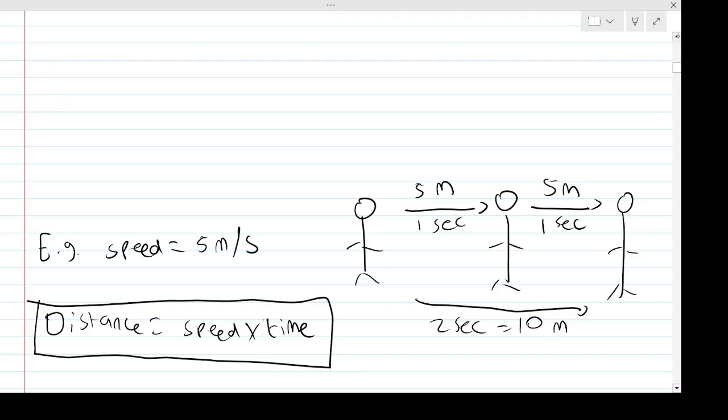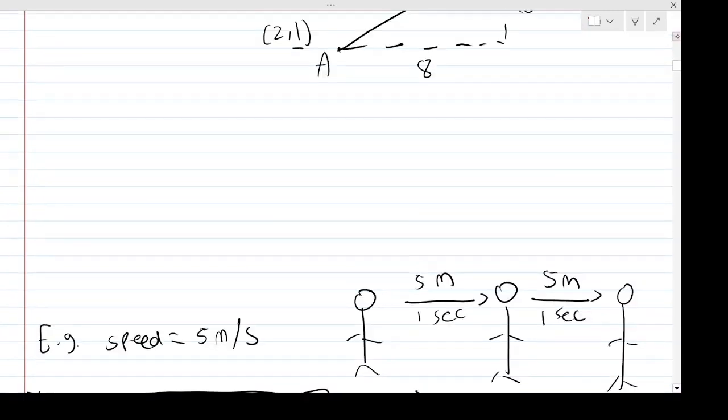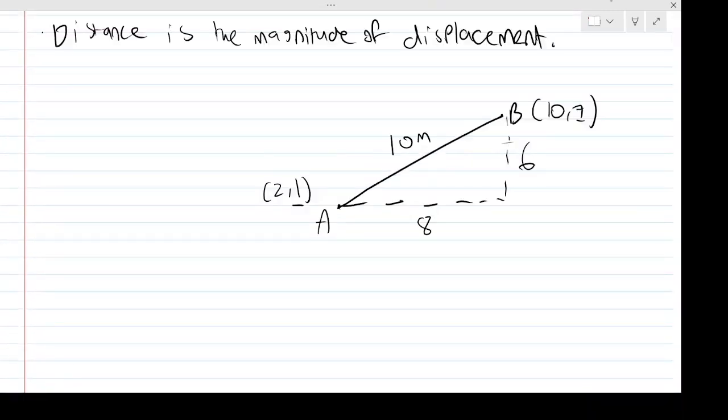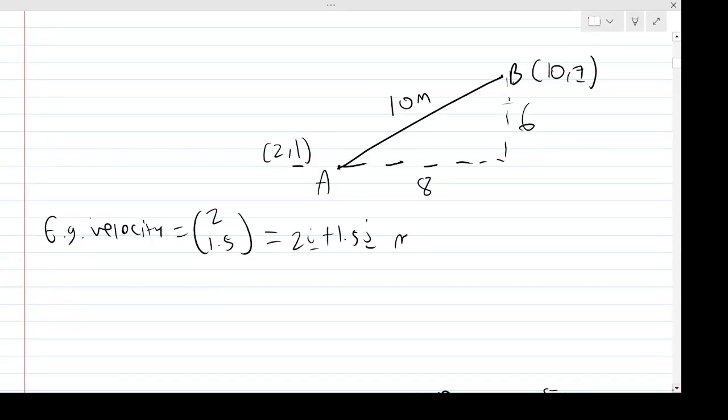Velocity is basically the same, but it's in vector form instead. So let's revisit this example where I'm moving from point A to point B. Let's say the velocity of this journey from point A to point B is the vector 2i add 1.5j meters per second.